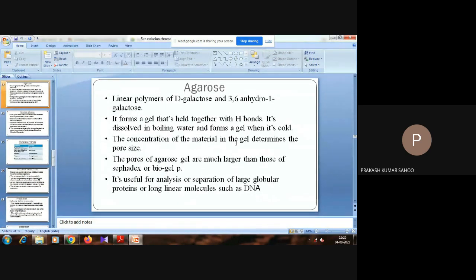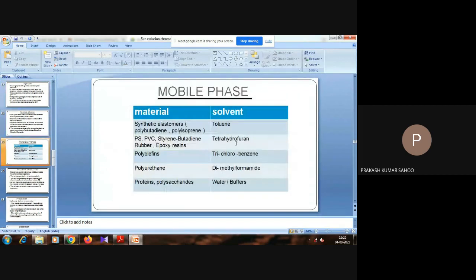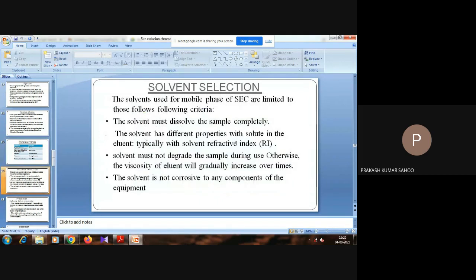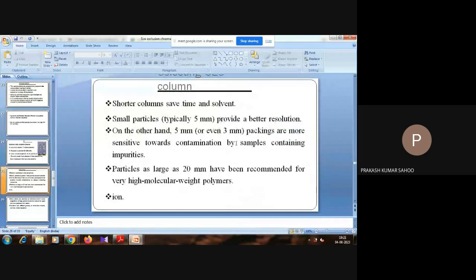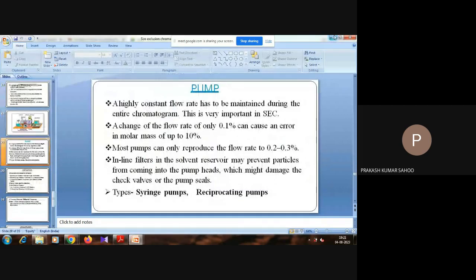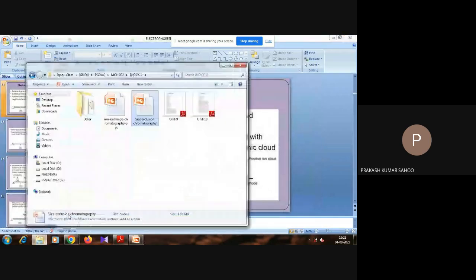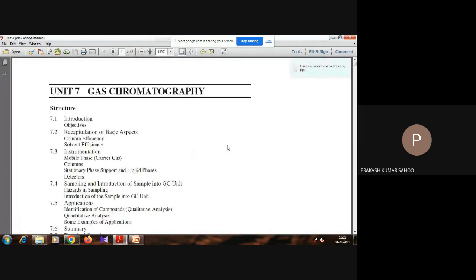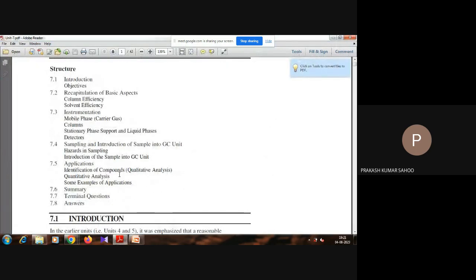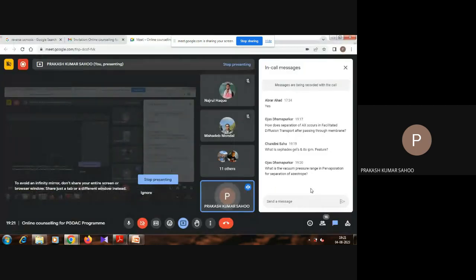We discussed today. Which unit is Sephadex in?